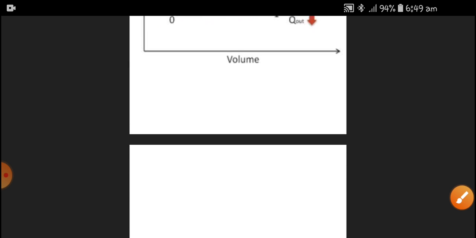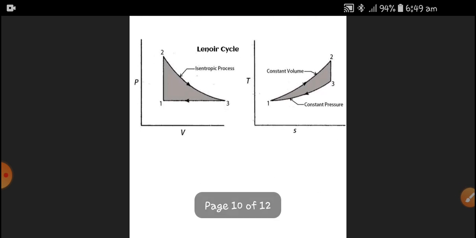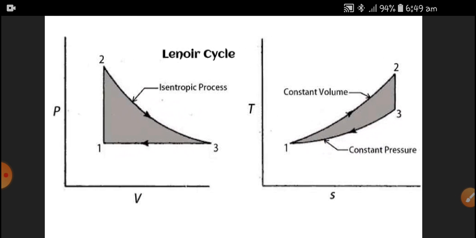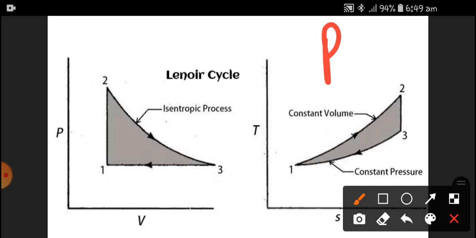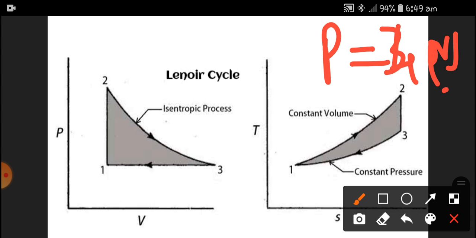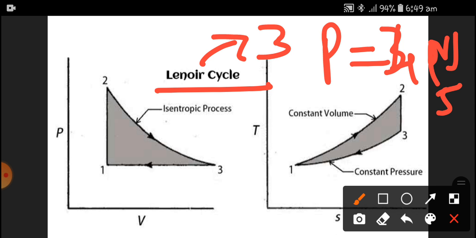Next is an actual cycle for pulse jet engines. Pulse jet engines use the Lenoir cycle. This is a special case of a cycle. In the other cycles we discuss four or five processes, whereas this cycle comprises of only three kinds of processes: constant pressure, constant volume, and isentropic.